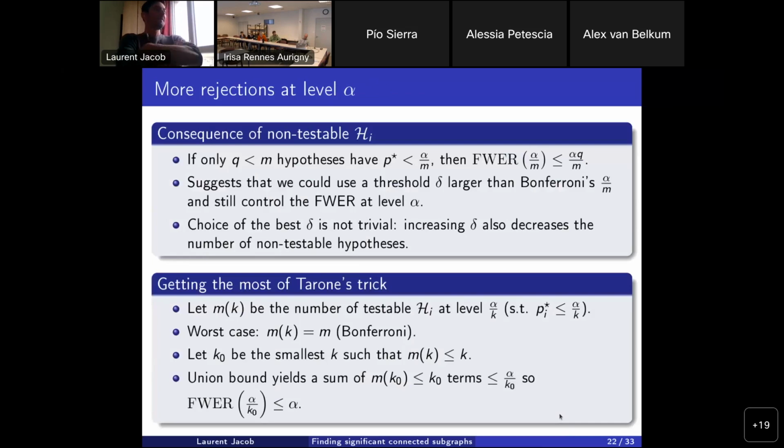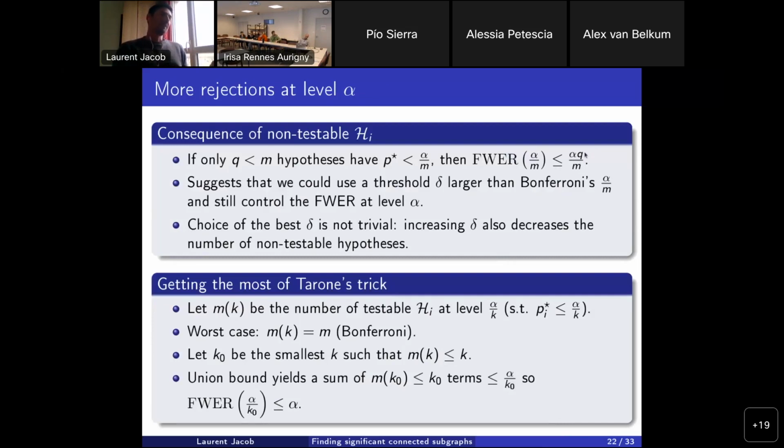So the consequence is that if we only have Q hypotheses left that are testable, then the FWER is not only smaller or equal to alpha, it's smaller or equal to alpha times this number of hypotheses divided by m. So you see this is 1 if Q equals m, if they're all testable, but otherwise if Q is smaller than m, this is smaller than 1, okay?